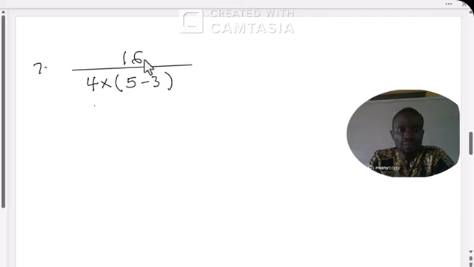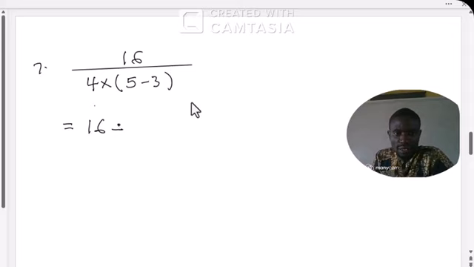Now look at this. We have 16, then this division line. So 16 is divided by this one: 4 times 5 minus 3 in bracket. You need to rewrite it as 16, and this division line will be written as a division sign.